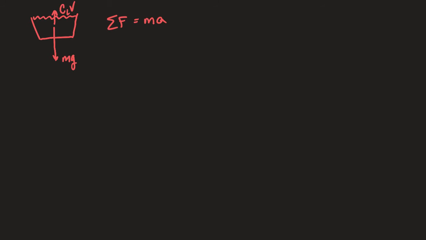I have my forces all acting in one dimension, so I don't have to put in a coordinate system. I can choose a direction that I'm going to call positive, and then I can identify which law to use. I've done all those things now. So I'm going to put the forces in there, mg minus Cv, and set that equal to ma.